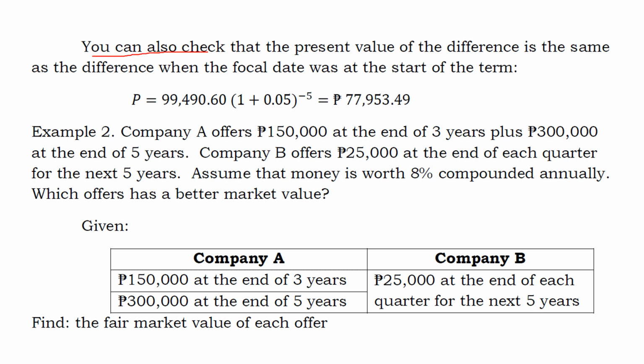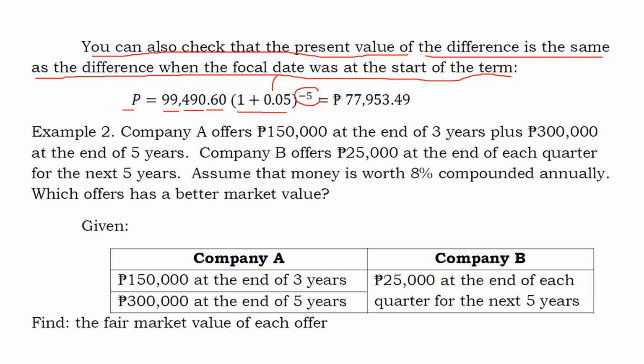So we can actually check whether the present value of the difference is the same as the difference when the focal date was at the start of the term. This is a continuation of example number 1. So we just simply apply P, which is equal to 99,490.60 pesos multiplied by 1 plus 0.05 raised to negative 5.